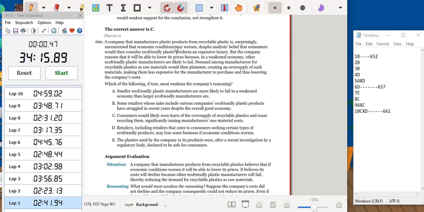But the company reasons that it will be able to lower its prices because in a weakened economy, the other eco-friendly plastic manufacturers are likely to fail. Demand among manufacturers for recyclable plastic as raw materials would then plummet, creating an oversupply of such materials.